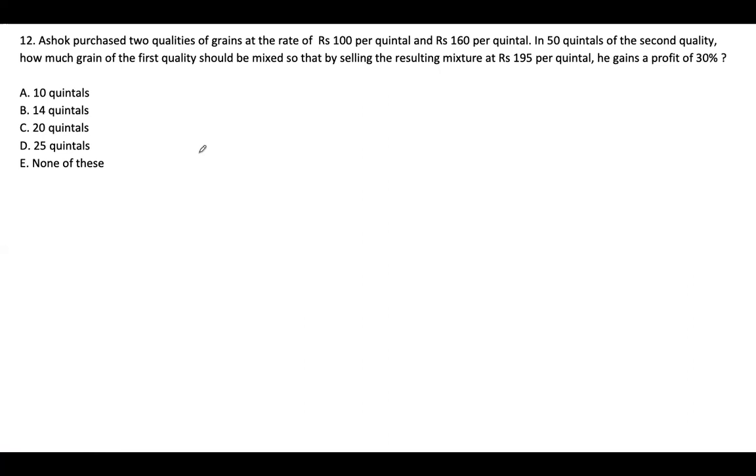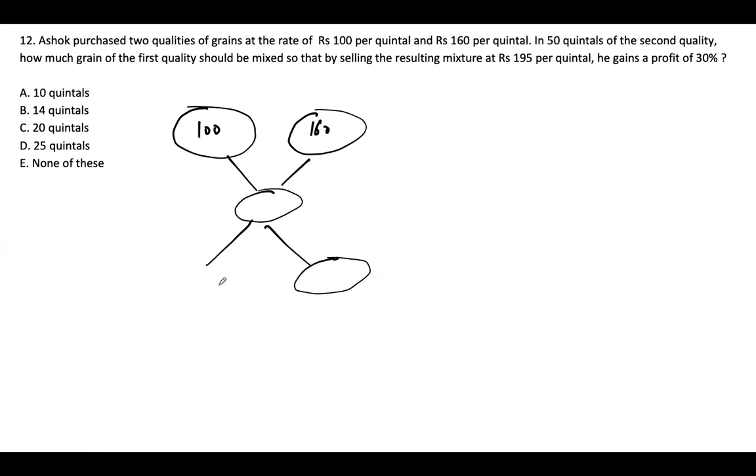Okay, go on. This is rupees per quintal. The number of samples will be in quintal, the weight of the samples, right? Go on. In 50 quintals of the second quality.